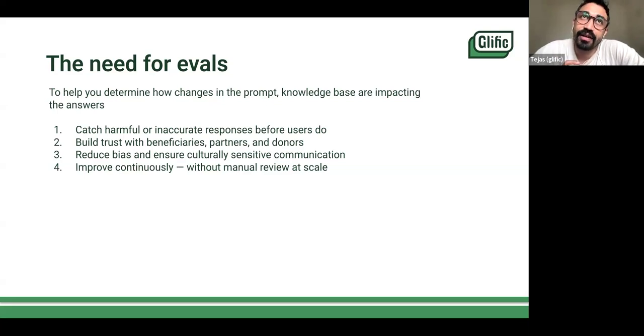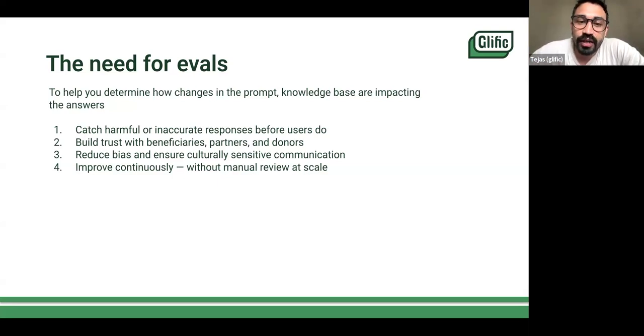If we change the model, as OpenAI or new providers come in, or change the temperature, anything you change in your assistant, we have to make sure it is not suddenly starting to give harmful responses, not going off the prompt that we have set, and not changing the way it's answering. So the whole idea is you have to catch harmful or inaccurate responses before they reach the users.